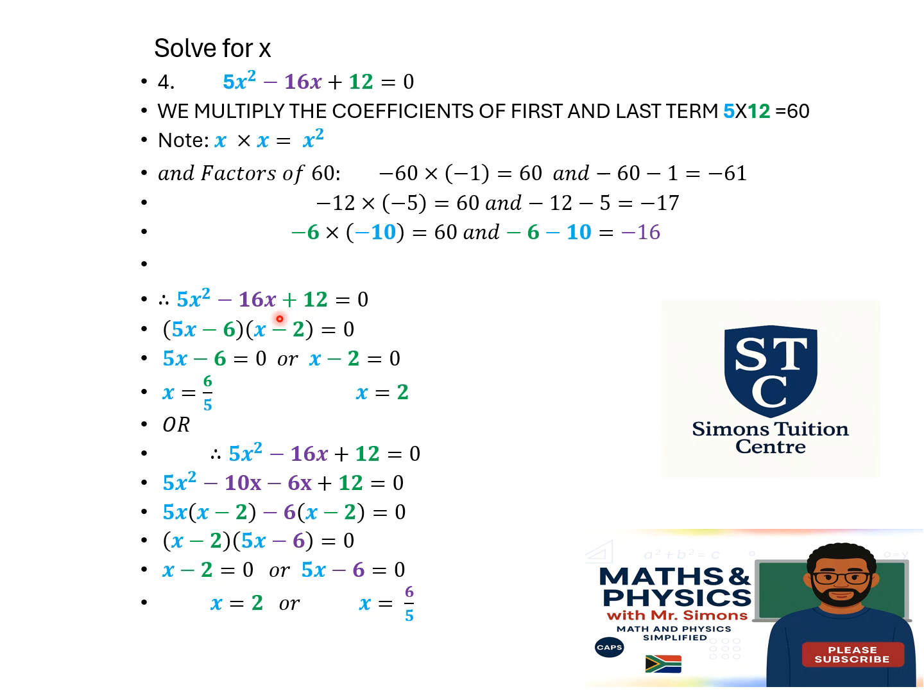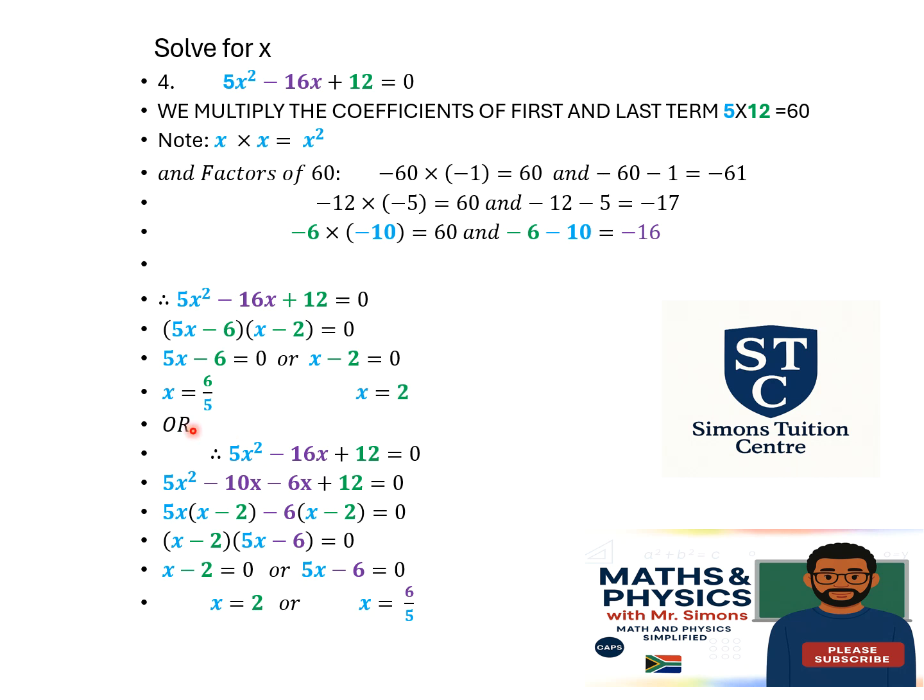For the middle term now, minus 6 times x is the minus 6, and minus 2 times the 5 at the end gives me the minus 10. Minus 10 minus 6 gives me minus 16. So 5x minus 6 equals 0, or x minus 2 equals 0. Take 6 over, it becomes positive 6. Divide by whatever's in front of x, so that gives me 6 over 5. Or take negative 2 over, and x equals positive 2.